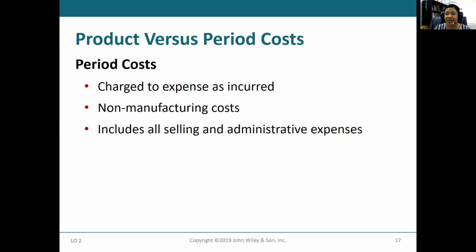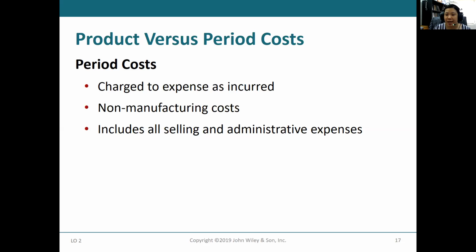It includes selling expenses and administrative expenses. The selling expenses can be, for example, sales commission. If you have delivery expense to the customer, it will be selling expenses.